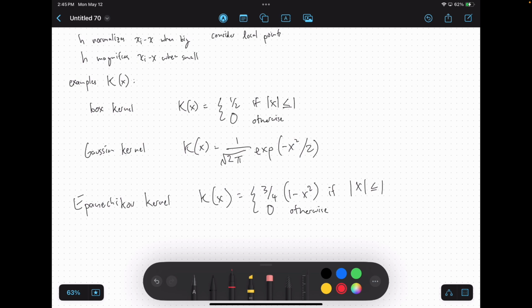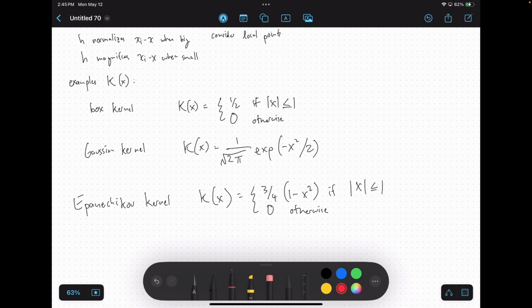In a Gaussian kernel, it thinks about it in a way that's kind of like replicating a normal distribution and the value of the point based on the bandwidth that's chosen.